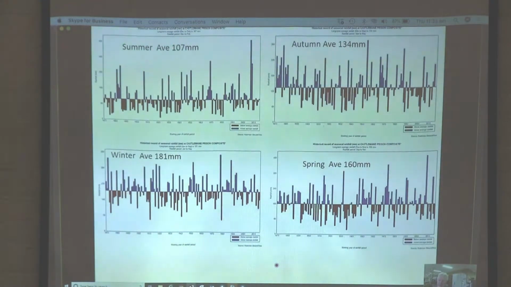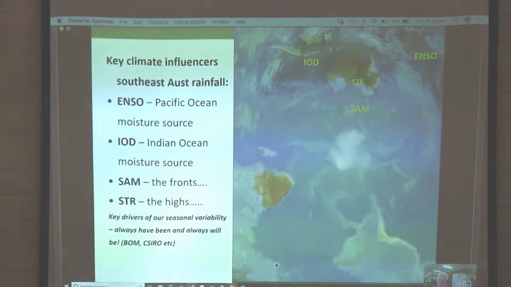So plenty of variability in the mix, and I guess what drives this variability, this is one of my favourite pictures. You can see Antarctica here, so it's a view of the southern hemisphere from 3 different satellites stitched together. You can see we live here, and what's behind our wetter and dry years is all to do with some big ocean and climate drivers around us.